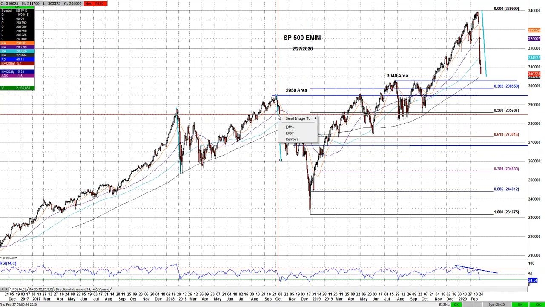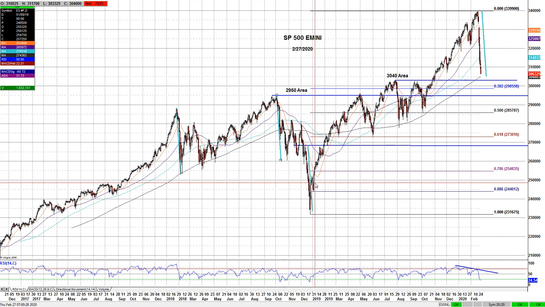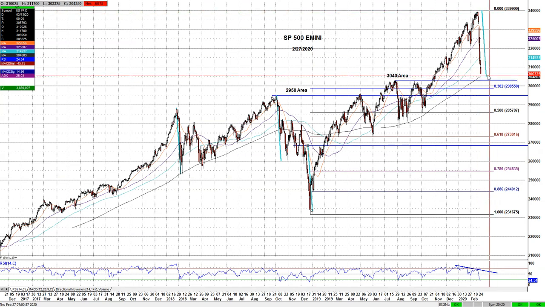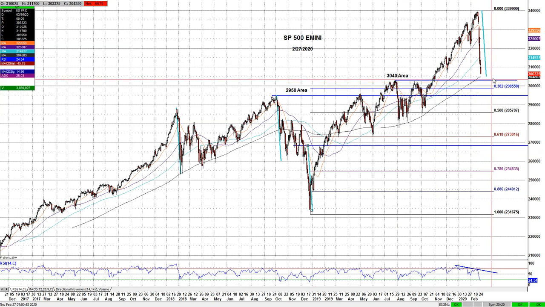Let me see if I can capture that. Just about the same length of that move. So I've taken that line, that size of that move here, and projected it down, and we're just in that area this morning. And we know we've got this 3040 area that could be a support area.